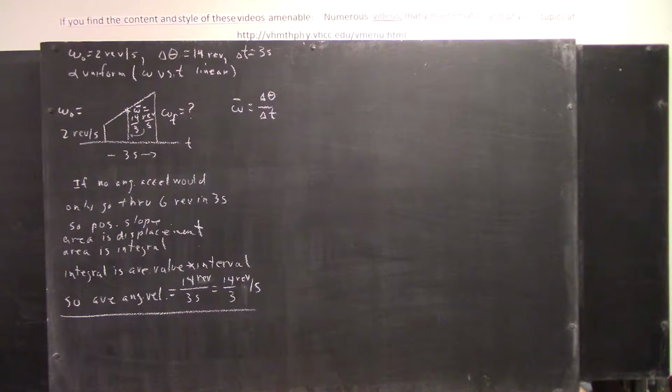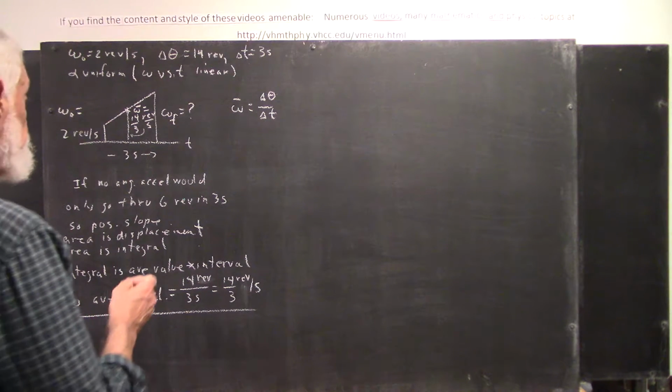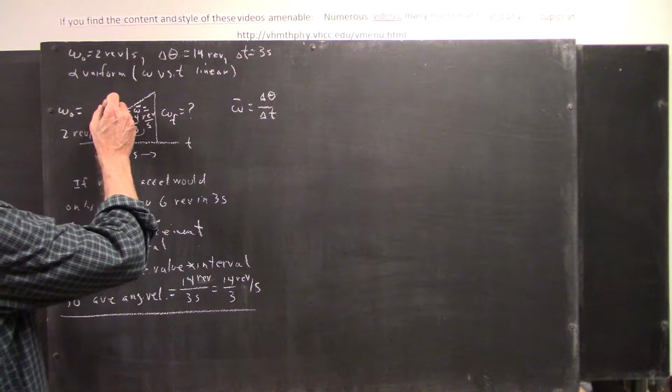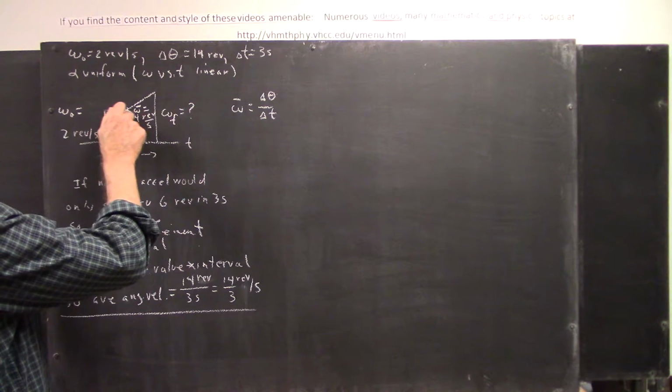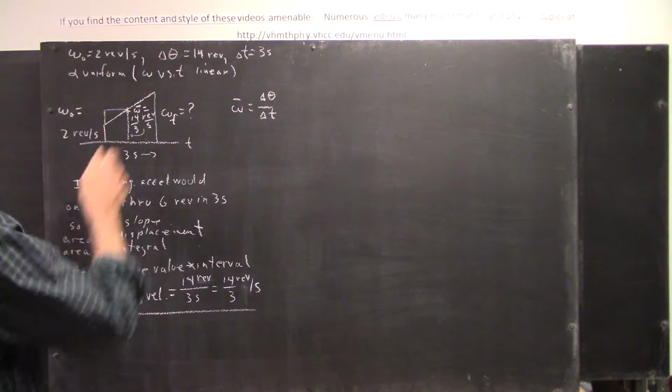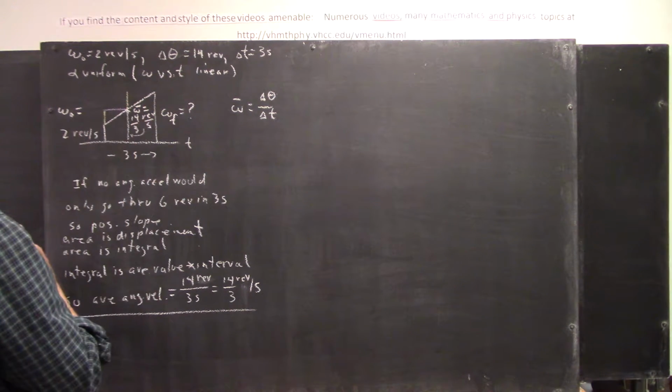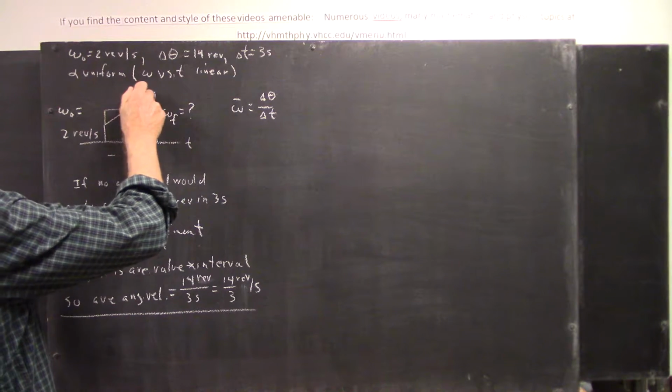And that tells us geometrically, using just simple geometry, that this triangle is geometrically similar to this triangle.